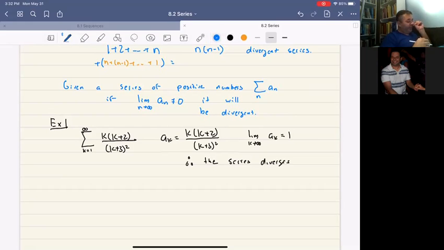Now, I'll tell you something. You will go online and look up stuff, and you will see something like this. This is not proper mathematics.